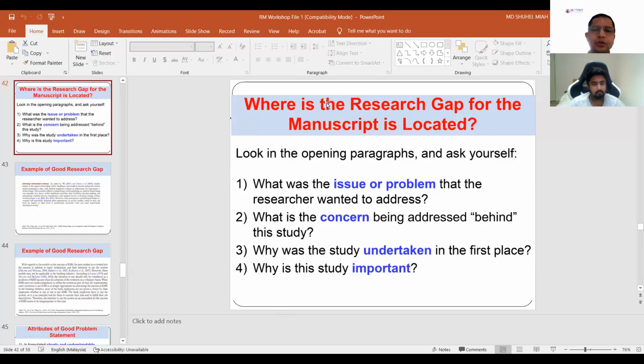Now, earlier I shared the folder. You open the folder now. Go to the research methodology. Research method. Is it open? Yes. So the research gap, is it? Yes. Correct.